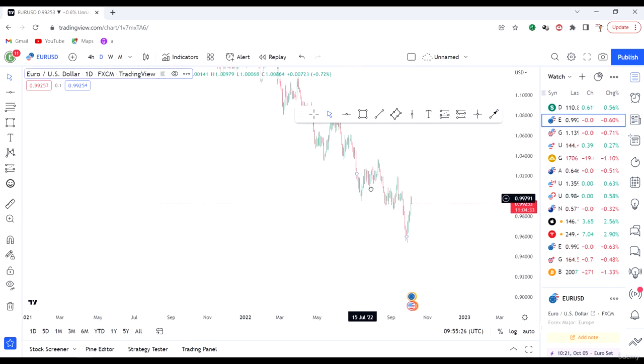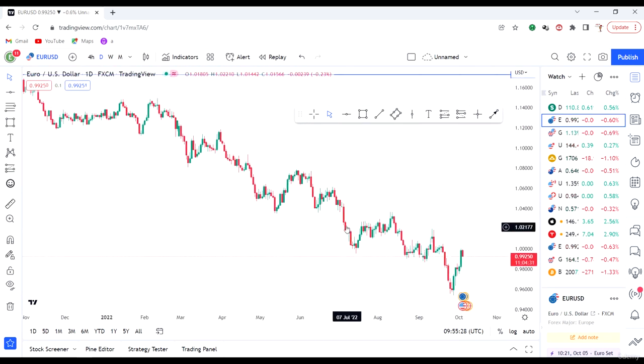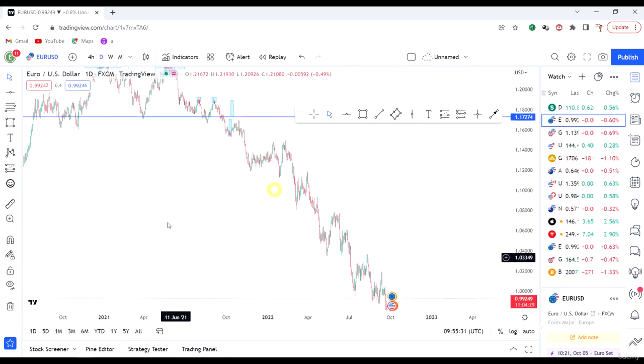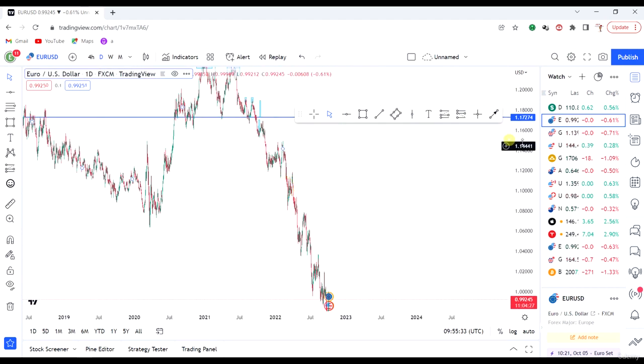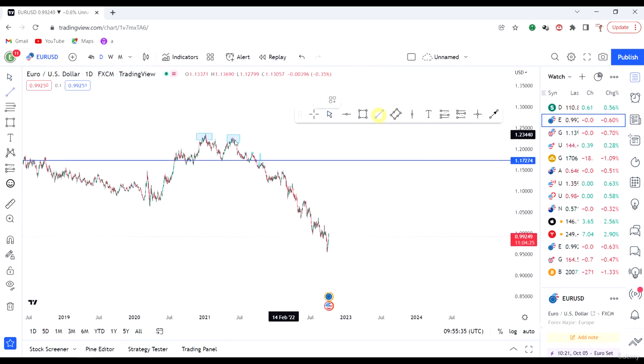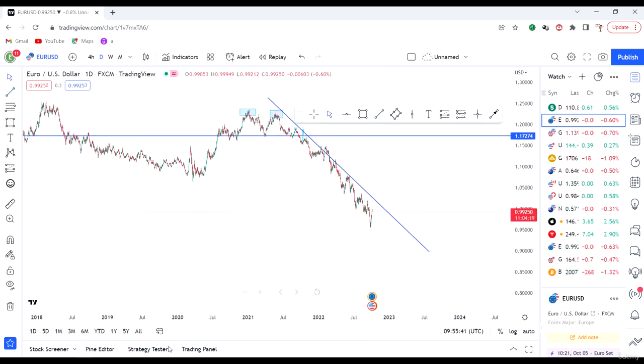When we keep going, we will keep seeing examples of double tops, double bottoms, and so on and so forth. Just draw a trend line like this. Now, let's go back to our presentation.